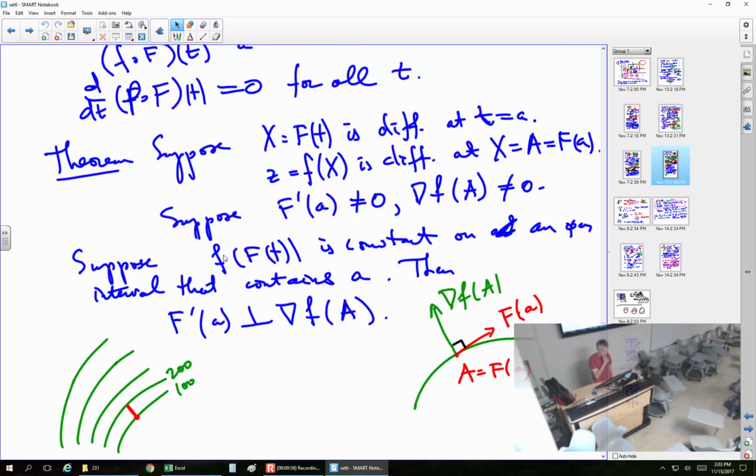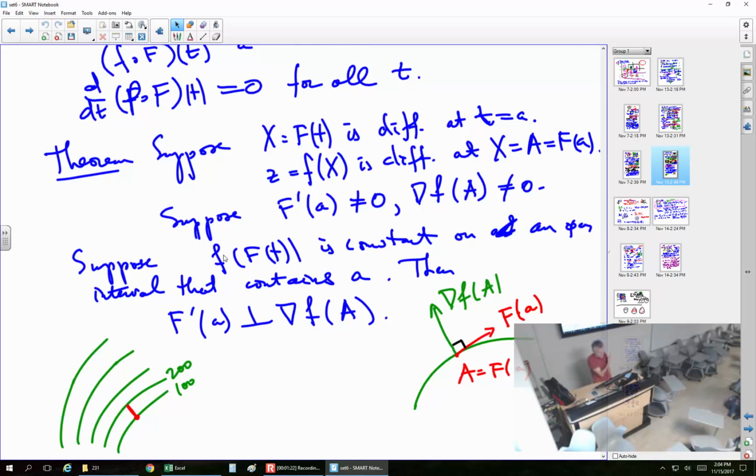So what we're saying is, if a function remains constant along the path of a parametric curve, then the tangent of the parametric curve and the gradient will be perpendicular.